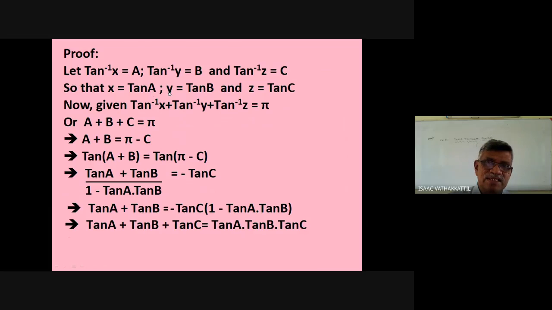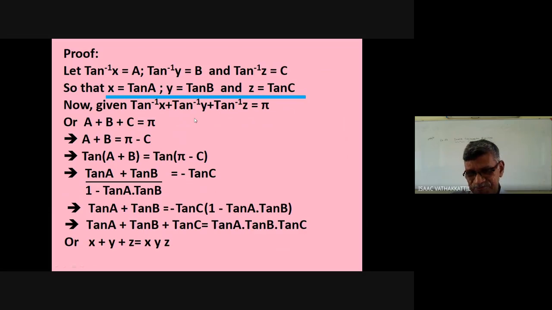Replacing tan a as x, tan b as y, and tan c as z, we get x plus y plus z equal to xyz. Is it clear? I substituted tan inverse x equal to a, tan inverse y equal to b, tan inverse z equal to c, and further simple steps. Okay? x plus y plus z equal to xyz.